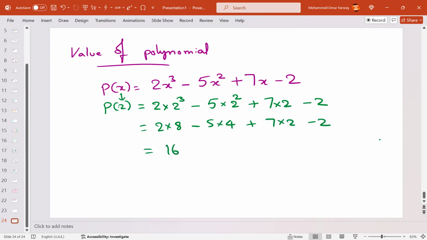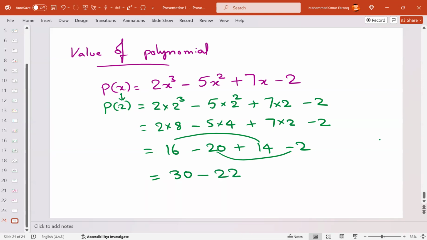So 2 8s are 16, minus 5 4s are 20, plus 7 2s are 14, minus 2. The easiest way is to add all the positives: 16 plus 14 is 30. Add all the negatives: 20 plus 2 is 22. So 30 minus 22 is 8. Therefore, the value of the polynomial at x is equal to 2 is 8. Got it, my dear students?